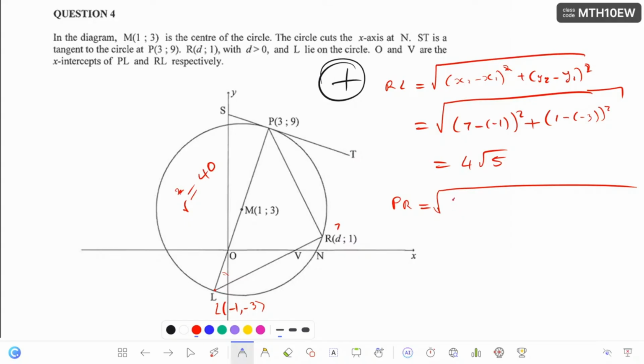It's going to be (3 - 7)² + (9 - 1)². So let's check. 3 minus 7 squared plus 9 minus 1 squared. So even this one is 4√5. So now we can conclude that this length is equal to this length.